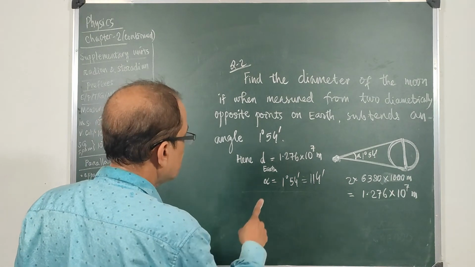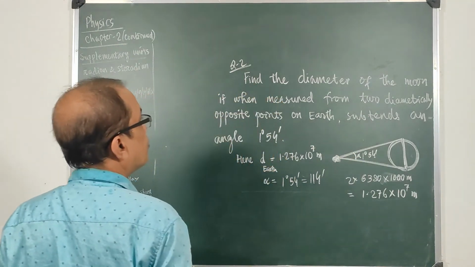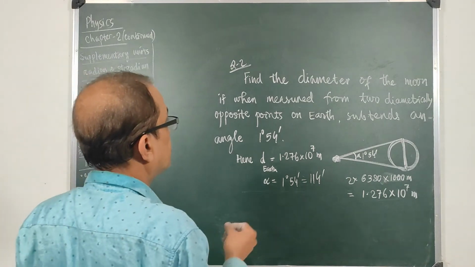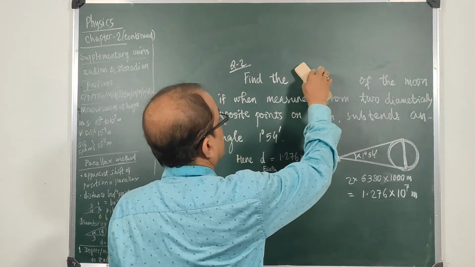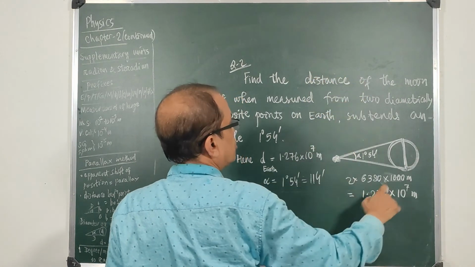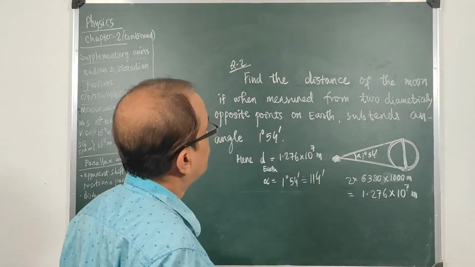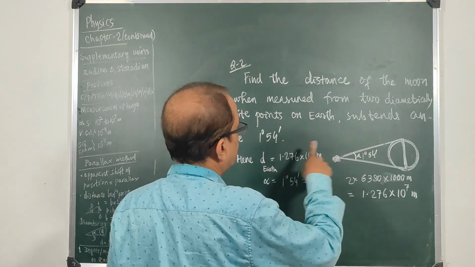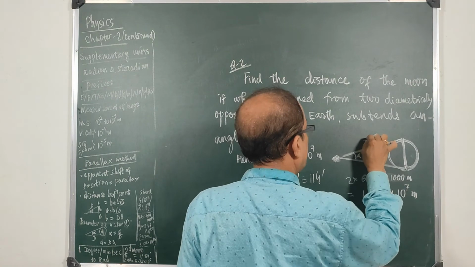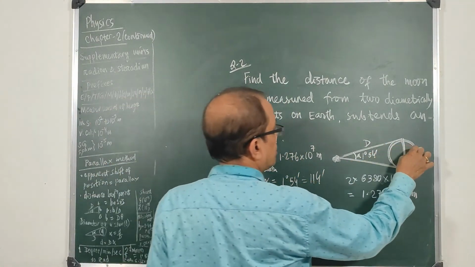So now you can find this. This is not the diameter, this is the distance, because the distance of the moon from earth when measured from two diametrically opposite points subtends an angle of 1 degree 54 minutes. So if I take this to be D, then this small distance is d.